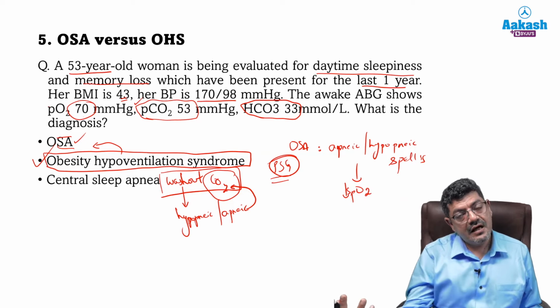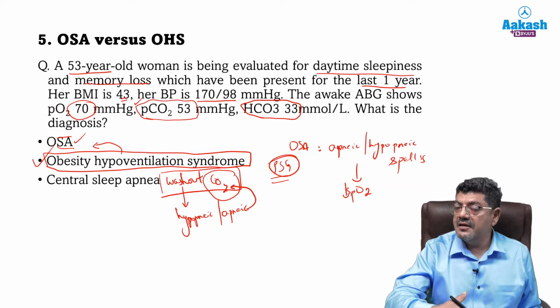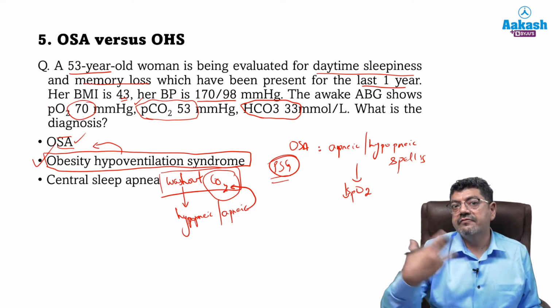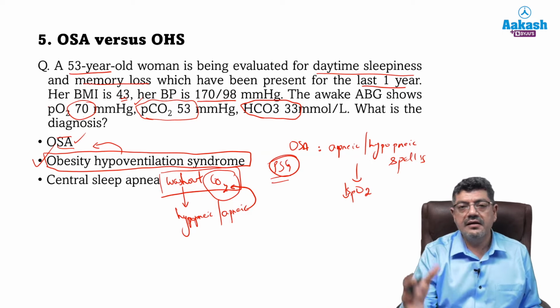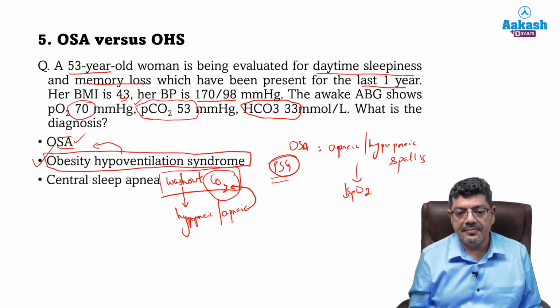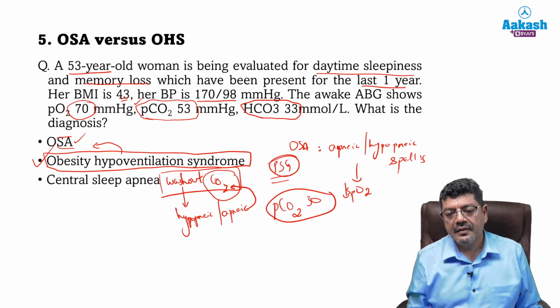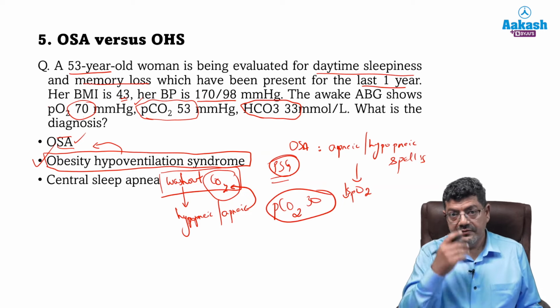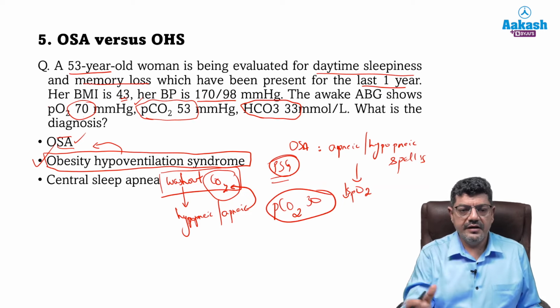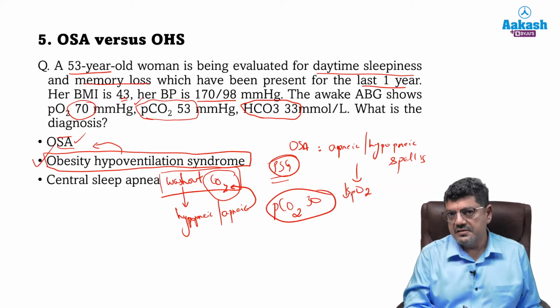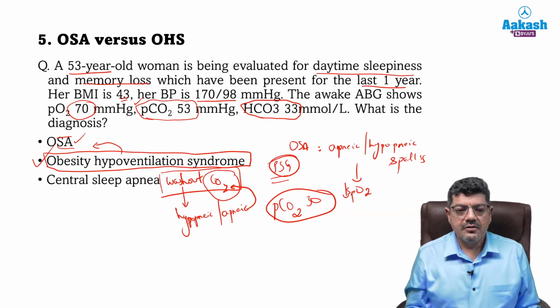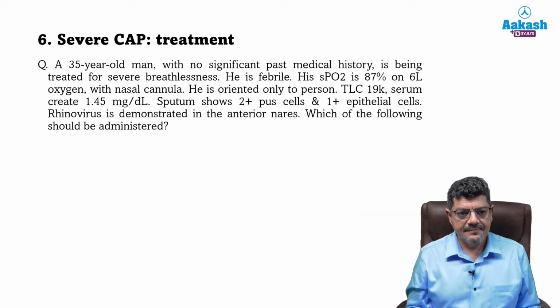Once again, the hyperactive respiratory center in a patient with central sleep apnea overfunctions, washes out carbon dioxide, and that continues. That's central sleep apnea. So if they had given you a patient with an awake PCO2 of 30 with sleep apnea, with these findings, memory loss and daytime sleepiness, then they're talking of central sleep apnea. Okay. So if you got that wrong, I'm so sorry for you, but that's how it works.